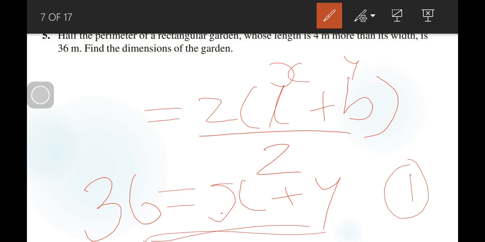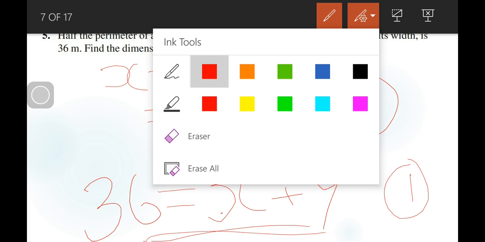One more condition is given: its length, means x, is 4 more than its width, means x is equal to y plus 4. So we have both equations. So let me solve.